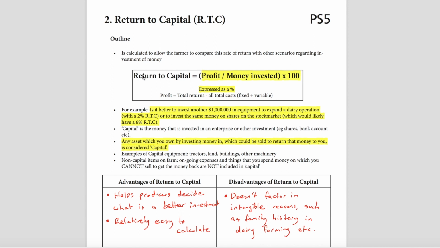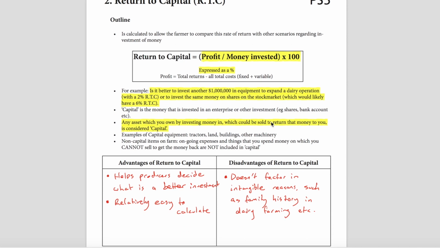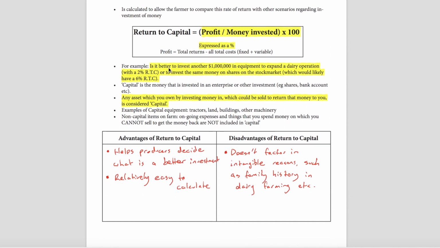And this is known as the return to capital because you've invested 100, you've got back 3, and so that's a return on capital of 3%. And so in farming, we want to know if we've invested $1 million in equipment to expand our dairy and it only gives you a 2% return to capital, is it better for me to just put that $1 million in shares on the stock market, which might give you, say, a 6% return to capital?